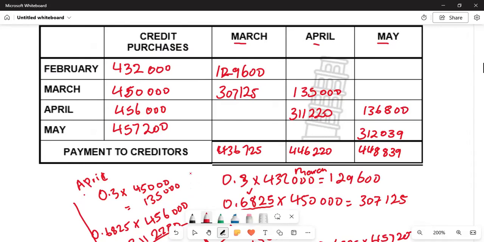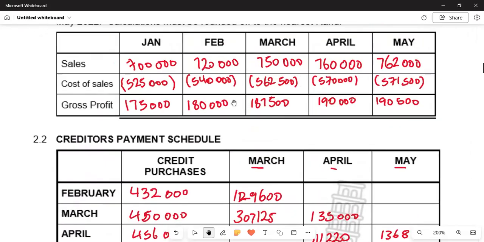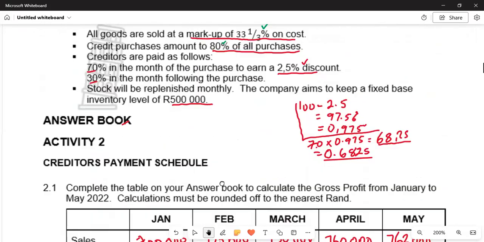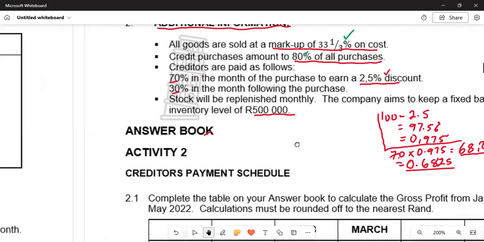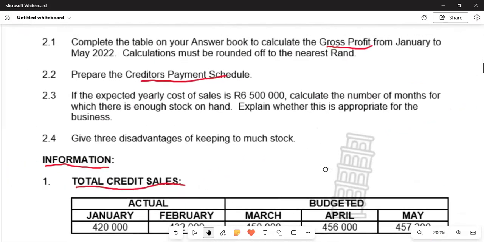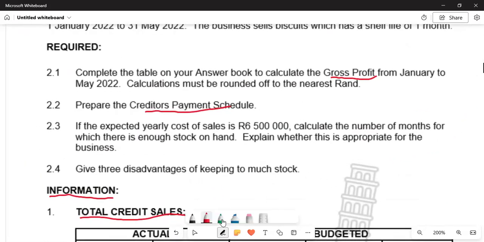So now we are to move on to another question. As you remember, the other question was to calculate; we did answer 2.1 where we managed to get profit, and then we also managed to do the creditors payment schedule.